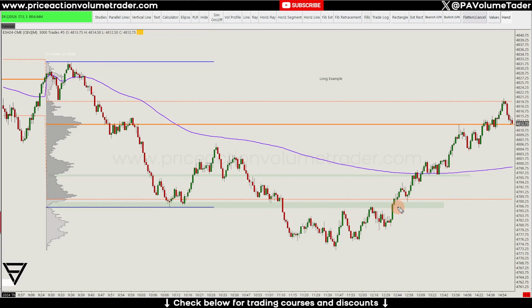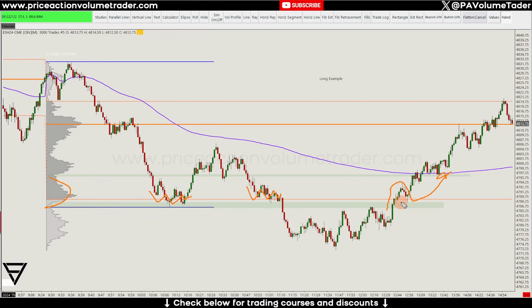And then what happens right here? We have this push up, break these highs, shifting structure up, and then we have this little pullback here, and then we just go from there. And you can see we have this high volume node here. We accept back into this price area, into this little node.